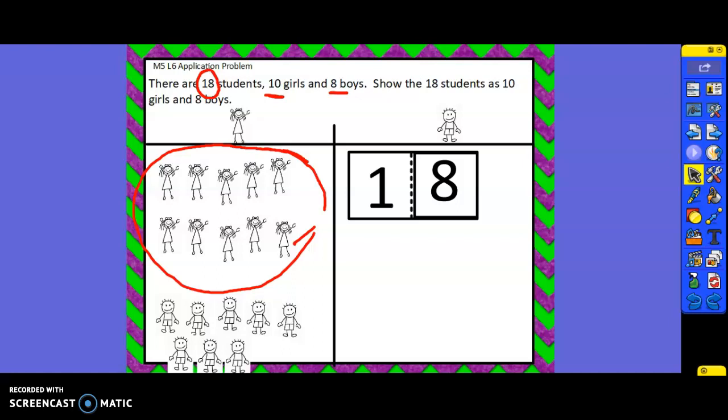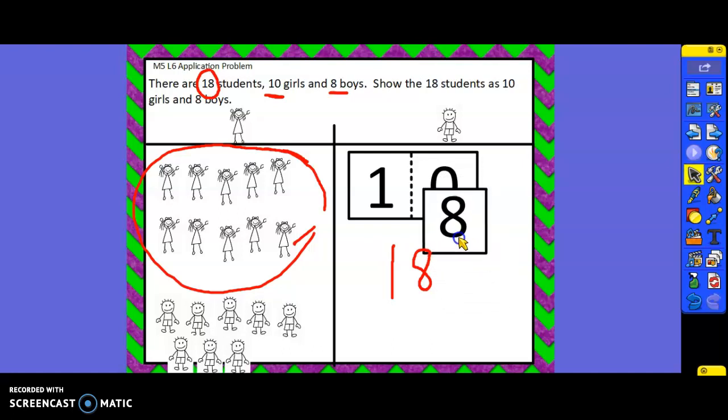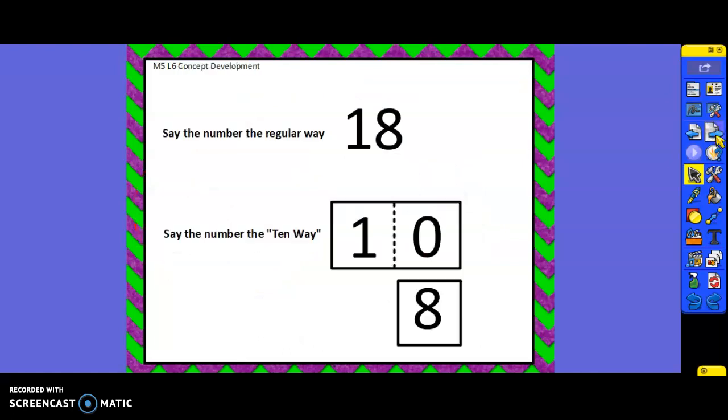So that 0 kind of disappears. It's not there anymore. It's hiding because when we write the number 18, this is how we write 18. A 1 and an 8. But you know that 18 is really 10, 8. But when we write 18, we don't see the 0 anymore. We just see the 1 and the 8.